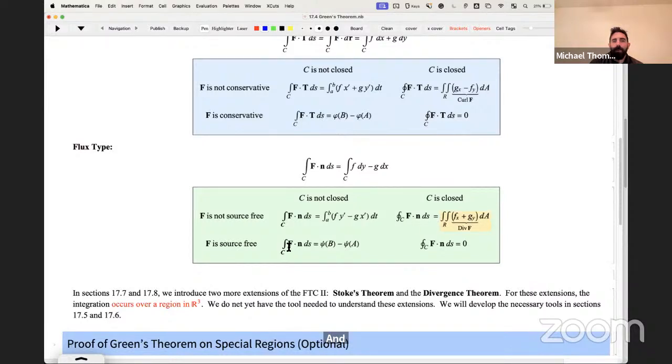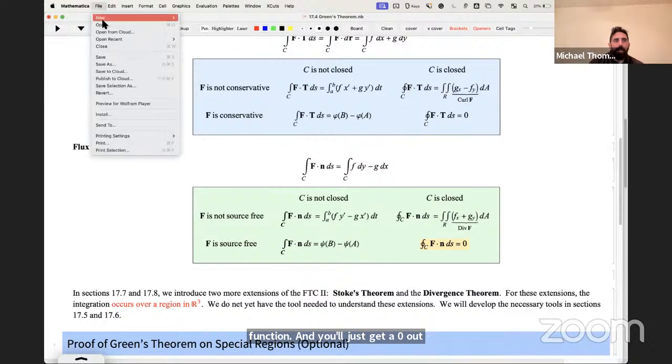Now, if it's source free, these are the well-behaved vector fields. In this case, you could just use the fundamental theorem for line integrals and just evaluate at the endpoints. And if it's also closed, well, if the divergence is 0, you're integrating the 0 function, and you'll just get a 0 out.